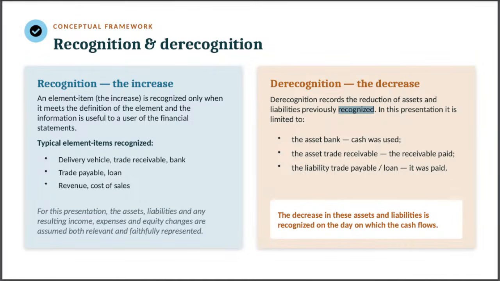So they're on there and they're being derecognized. In this presentation, it's limited to, of course, the asset bank, like the cash was used. The asset trade receivable, the receivable was paid. The liability trade payable, loan or something, and it was paid. So that would be the derecognition, paid it off.